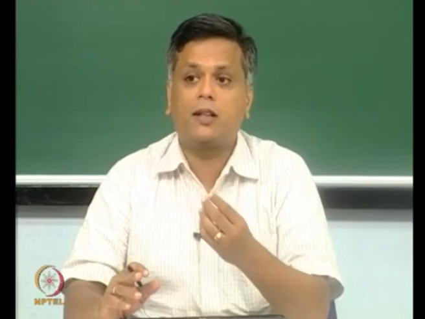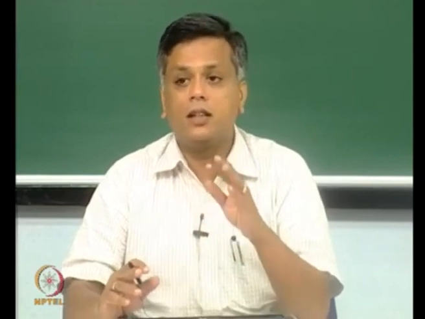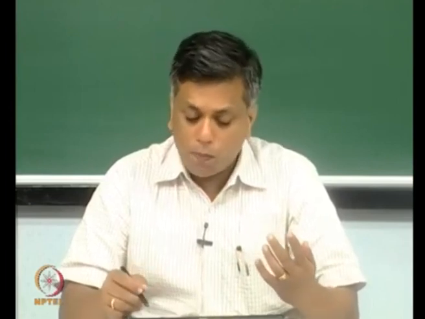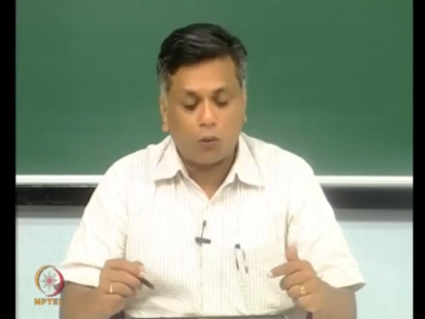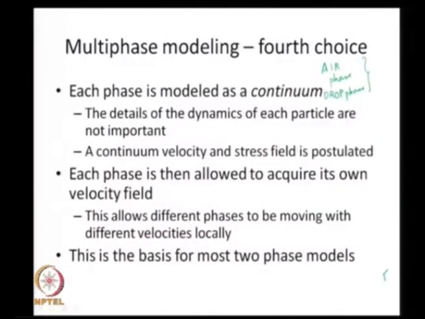It is at a level where I do not see individual drops, I am only seeing this smeared fluid both temporally and spatially. So, the fourth choice is a model where each phase is modeled as a continuum, except that these two continua are interpenetrating.